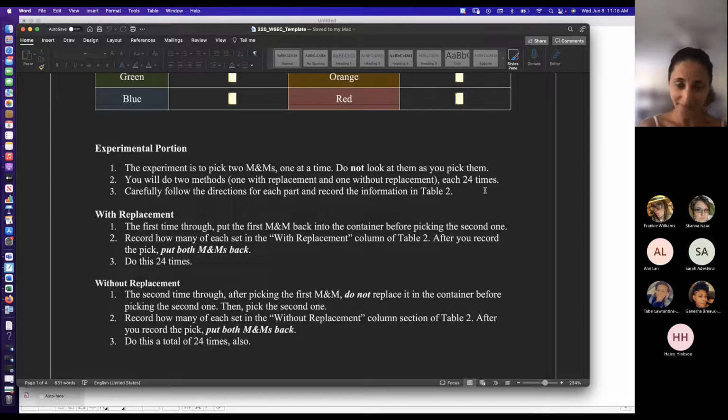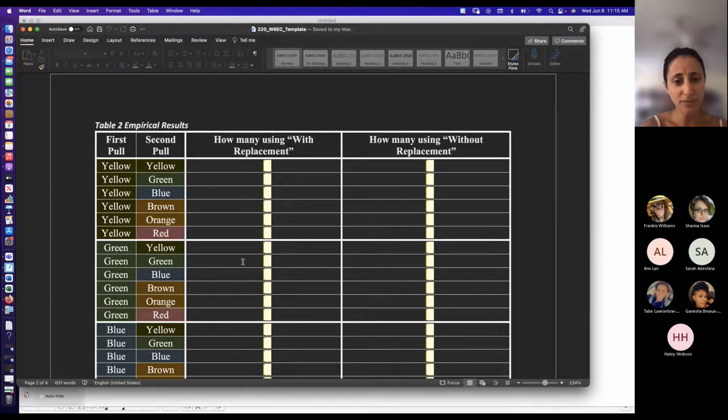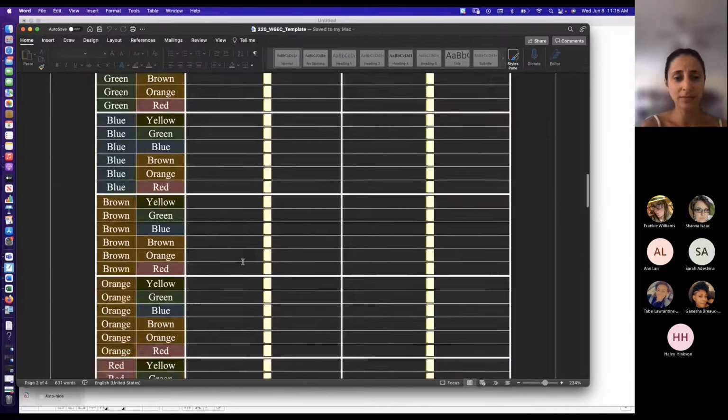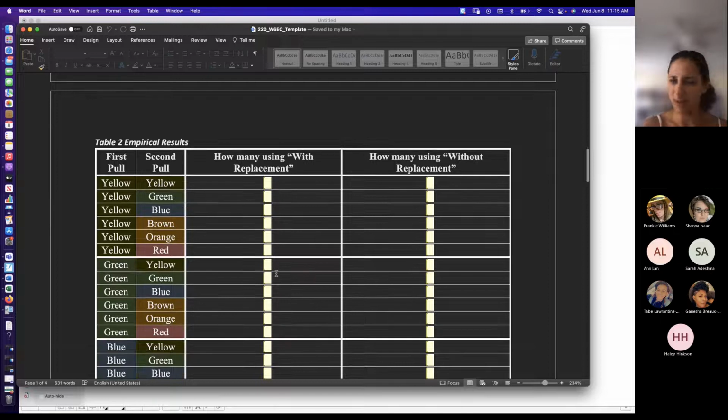With replacement, you're going to go to this bag of M&Ms, look away, and pick 1 M&M. Look at the color, remember the color, document it, and then put it back and pick another one and look at the color. And in the first table, you're basically going to count how many situations you've had. You might want to write it down as you do it, do with replacement first, and then put the values in here, because otherwise it might take longer.